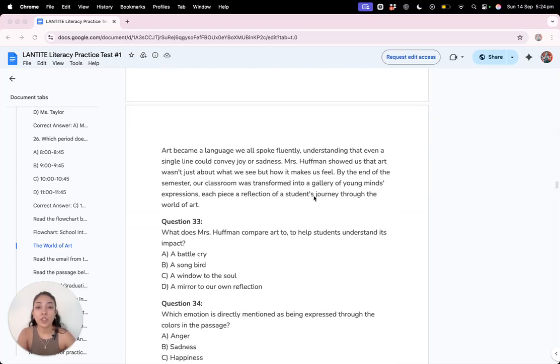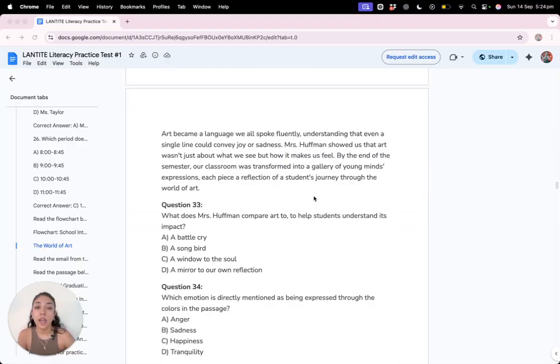Art became a language we all spoke fluently, understanding that even a single line could convey joy or sadness. Mrs. Huffman showed us that art wasn't just about what we see, but how it makes us feel. By the end of the semester, our classroom was transformed into a gallery of young minds' expressions, each piece a reflection of a student's journey through the world of art.